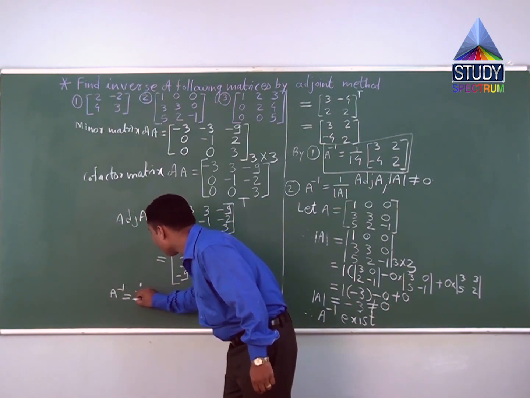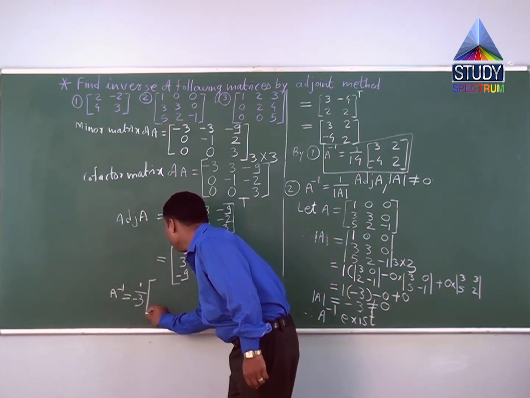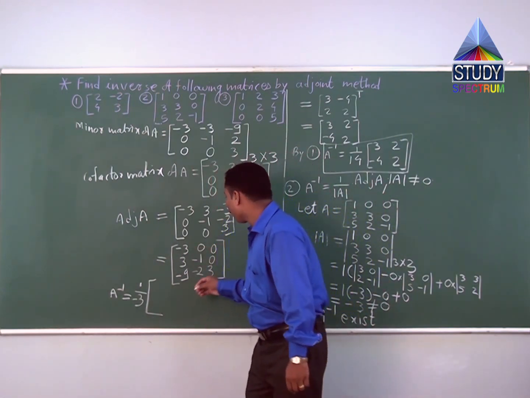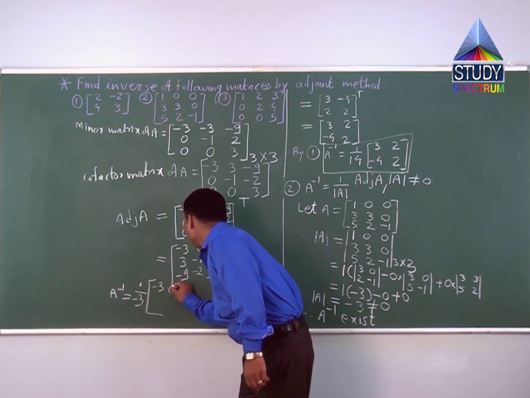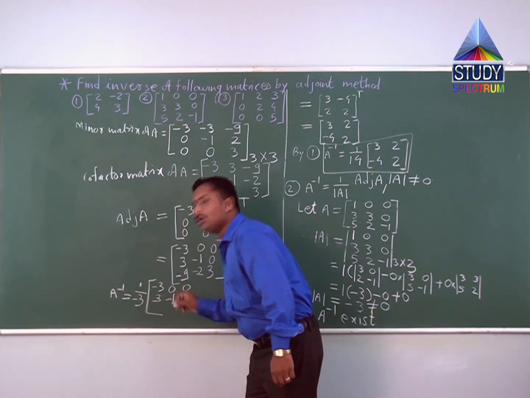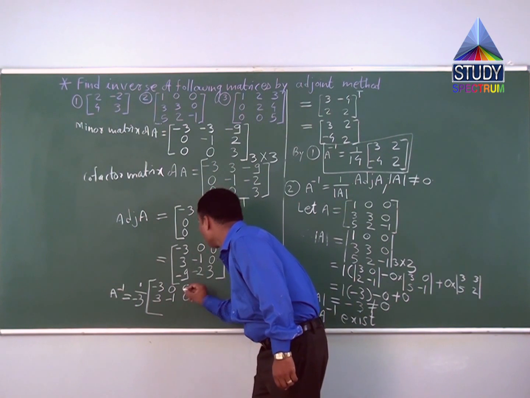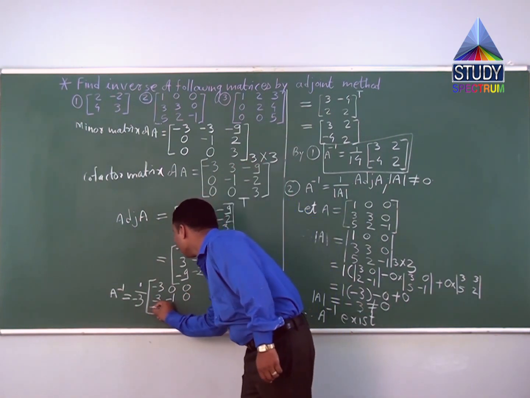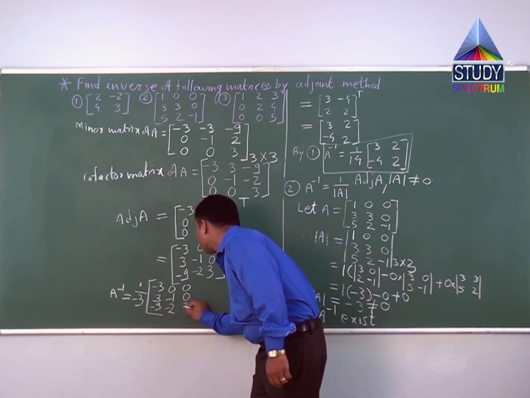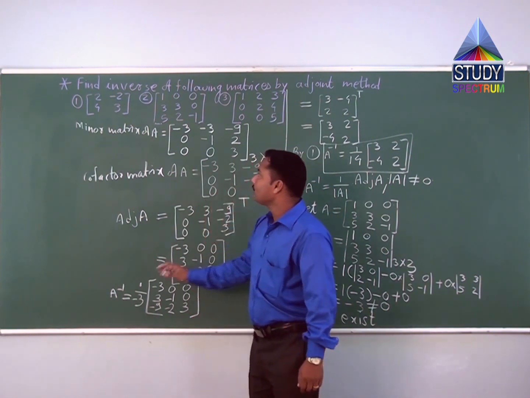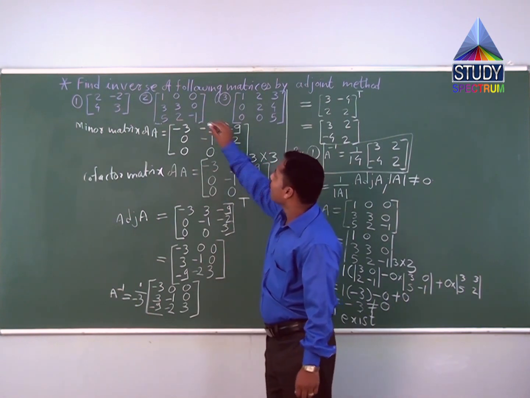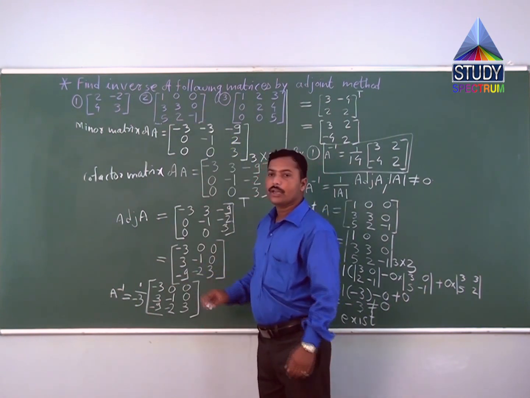So 1 upon minus 3 into adjoint of A. This is our adjoint: minus 3, 0, 0, 3, minus 1, 0, and minus 9, minus 2, and last 3. So in this manner we have solved the second problem, and we have found the inverse of the second matrix.